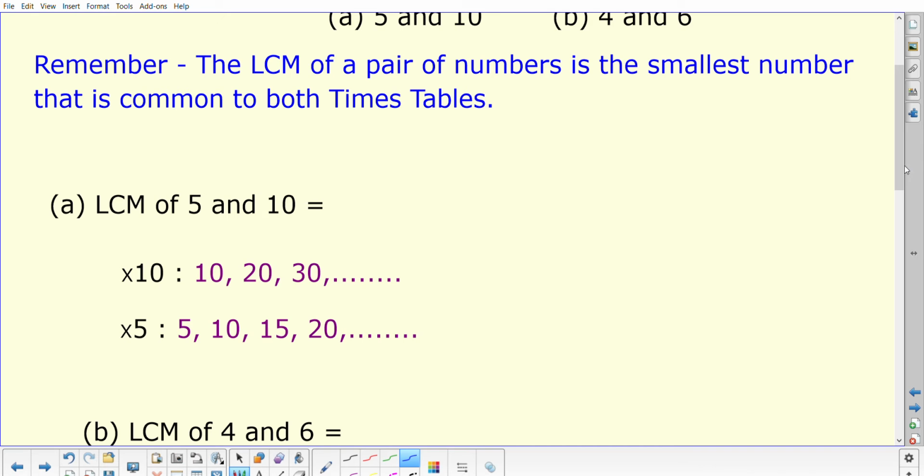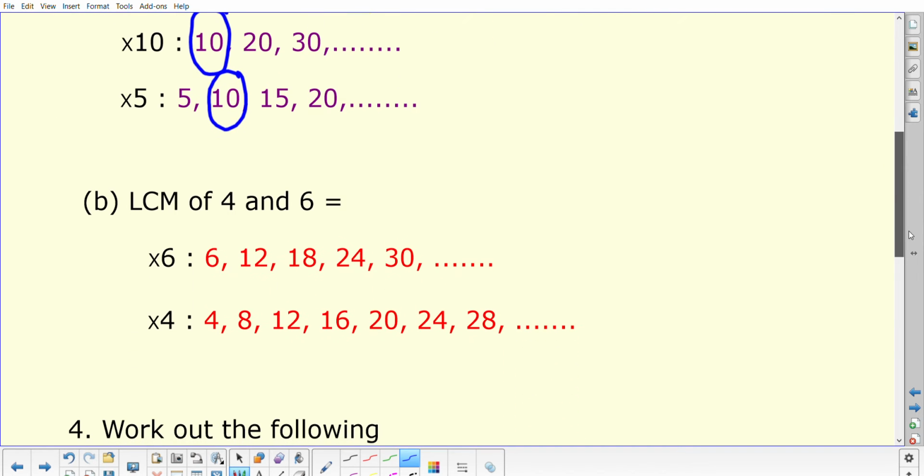If it helps you, you can list your times tables like this. I would always start with the bigger number until you find the one that is in both times tables. Clearly sometimes there's more than one number that's common, but it's the smallest one that you're trying to pick out. So here, that would be 10, the lowest common multiple between 5 and 10.